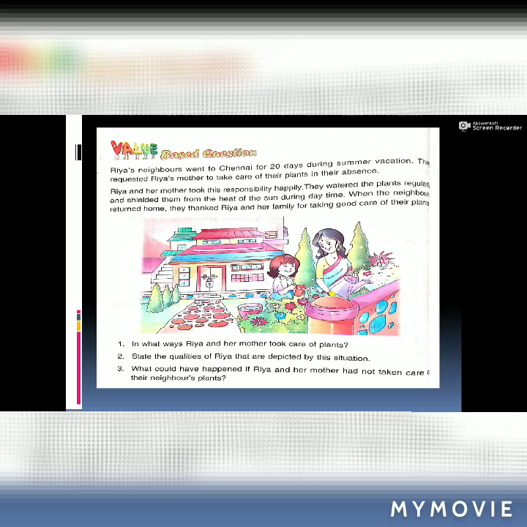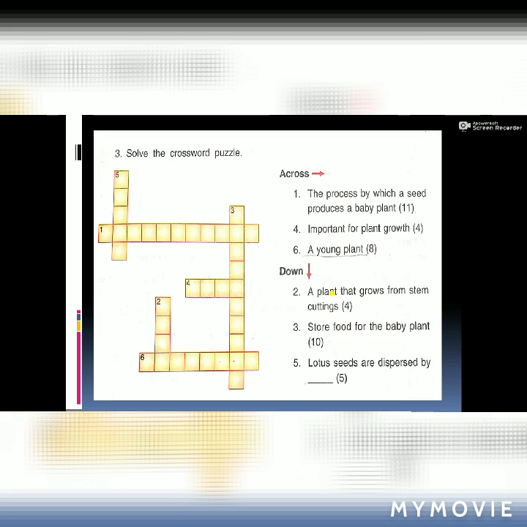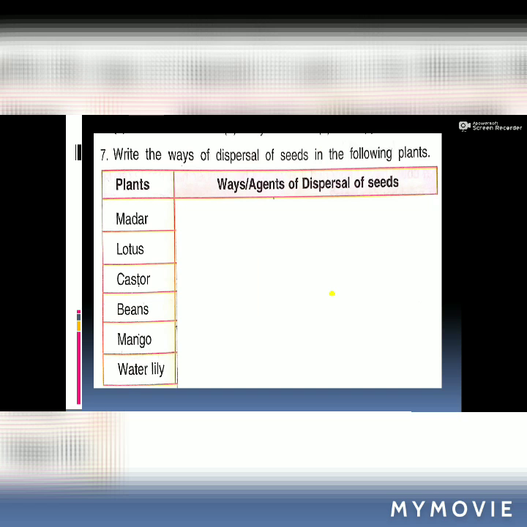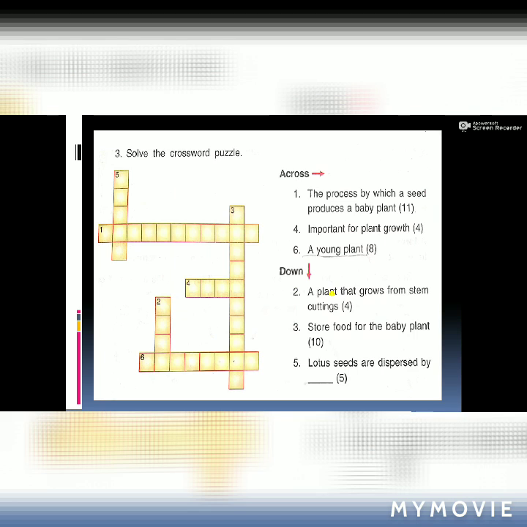So you will see again. Next in your book is to solve the crossword puzzle. You have to draw this in your notebook and write the answers.